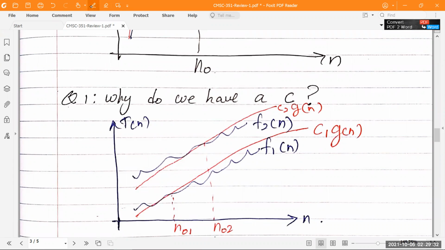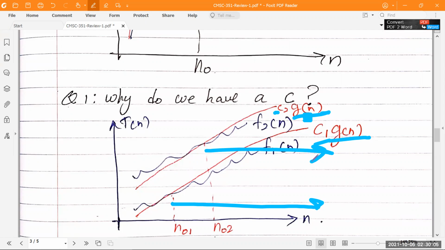But as you can see, since they have the same shape, you can have the same function Gn, and you can scale it such that it will be an upper bound for both these functions after particular n naught. For example, with C1, you can create the upper bound in this region for F1, and with C2, you can create the upper bound C2gn in this region.